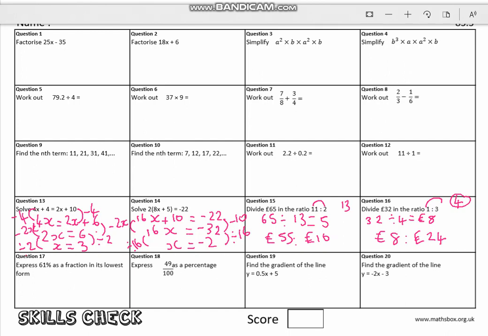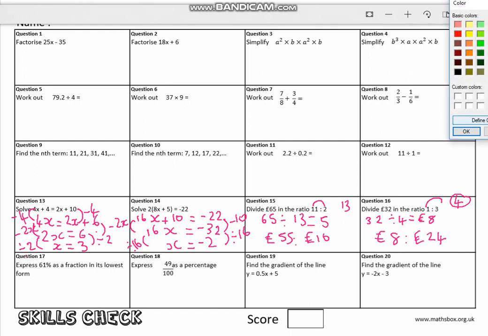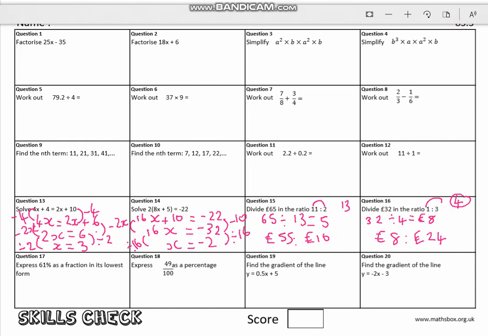Okay, so 4 questions left. These 2 are percentages. So 61% as a fraction in its lowest form. We know that percentages are out of 100, so we can take whatever number we've got as a percentage and put it over 100.